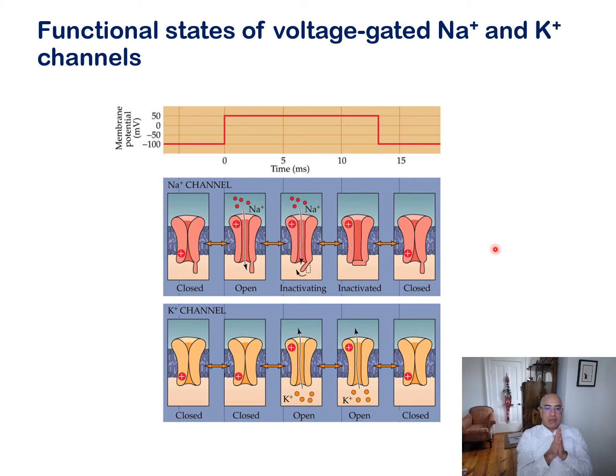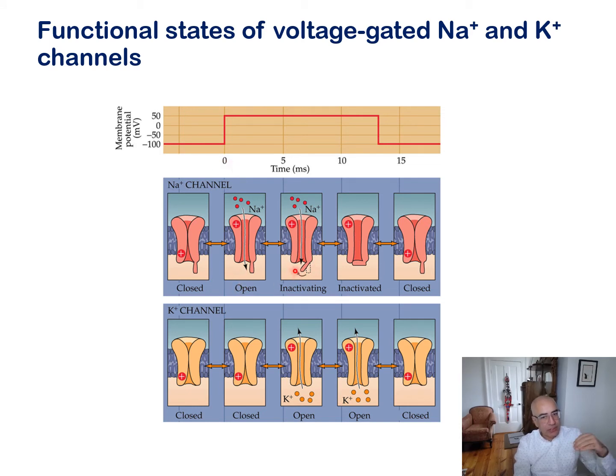Now, sodium and potassium channels that are responsible for producing action potentials have a set of properties that are quite important. Sodium channels in particular open when the voltage inside the membrane increases. That allows sodium ions to flow through the channel, and they will flow from the outside to the inside.